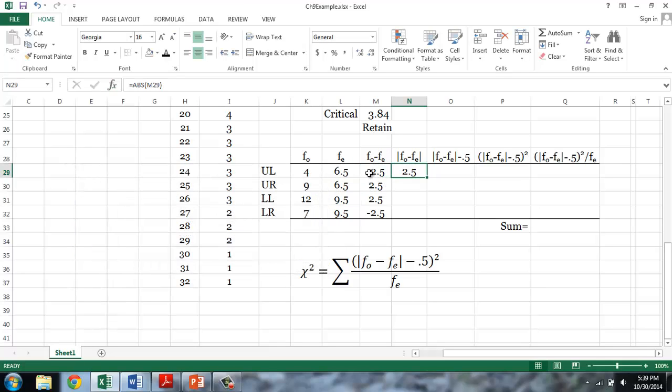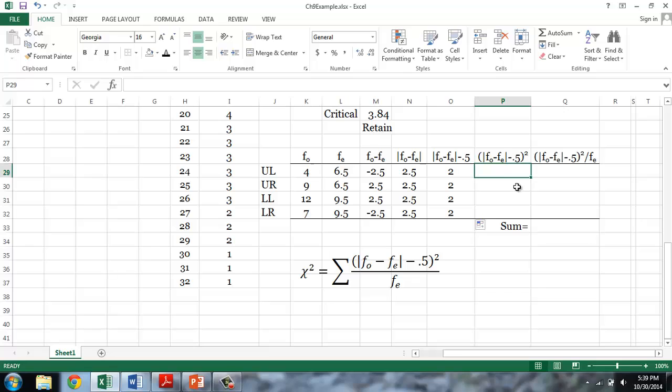Notice it converted negative 2.5 into 2.5. Next, we discount each of those deviation scores by 0.5. So I type equals the absolute value of the deviation minus 0.5 and copy that into the remaining cells.